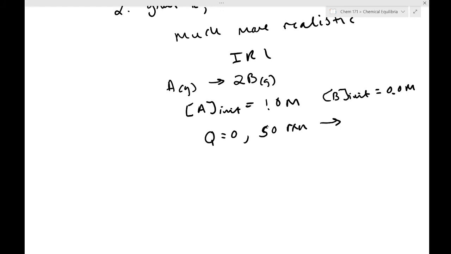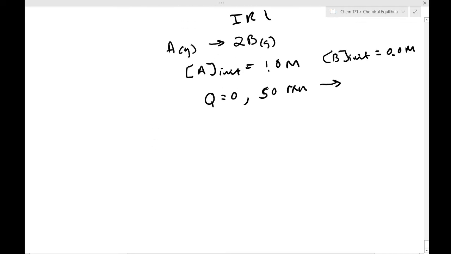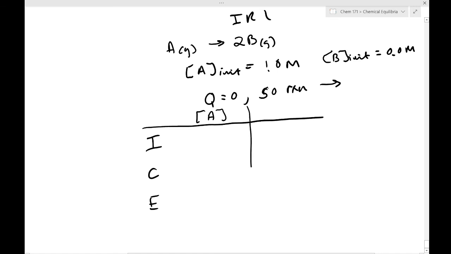Okay, so we're going to set up an ice table here. Okay, so we have initial, change, and equilibrium. Well, let's make that a little bigger. Then we have the concentration of A and the concentration of B. Okay, initial concentration of A is 1.0.